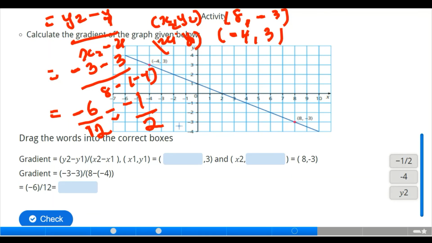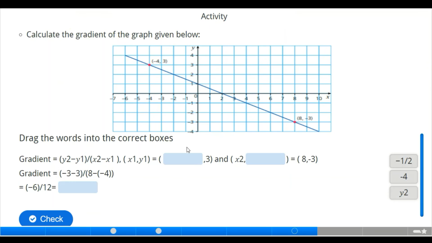So let's drag the right answer to each box from the illustration that we have here. Okay, so here we have said that y1 and x1, what is missing here? We have minus 4, based on what we have inside that point.